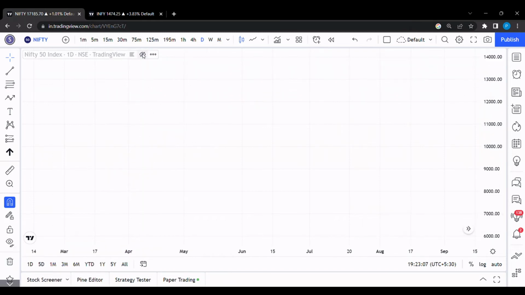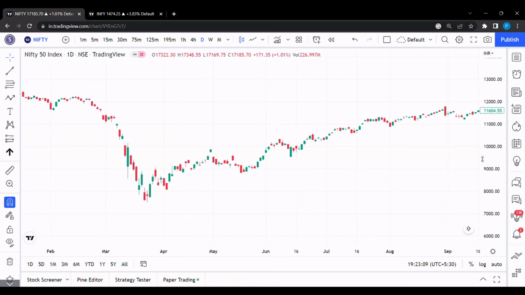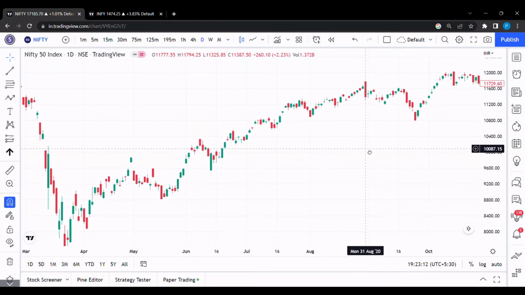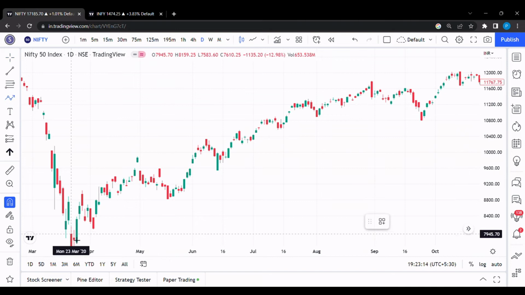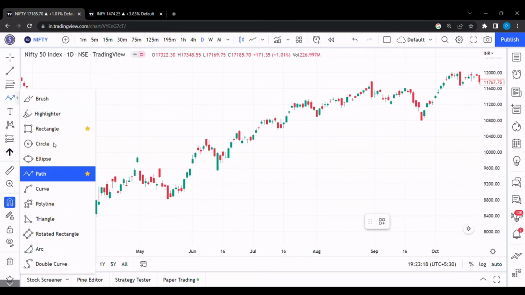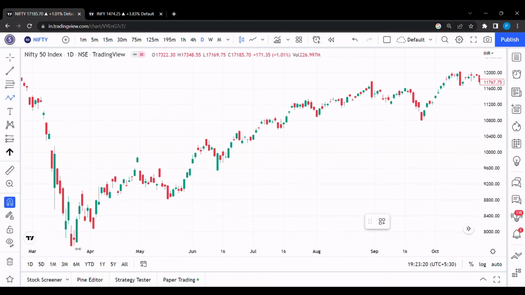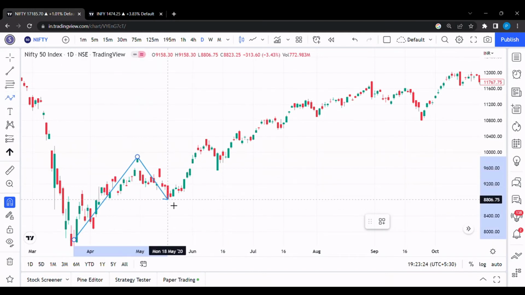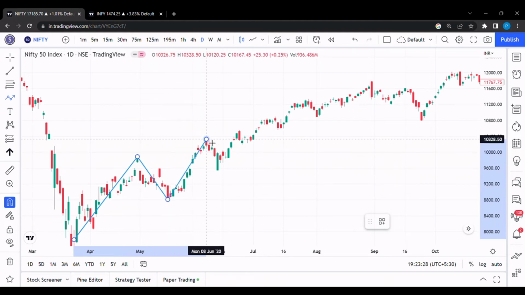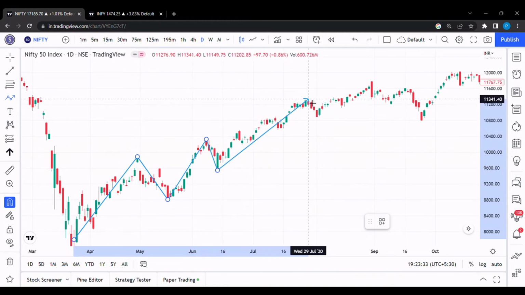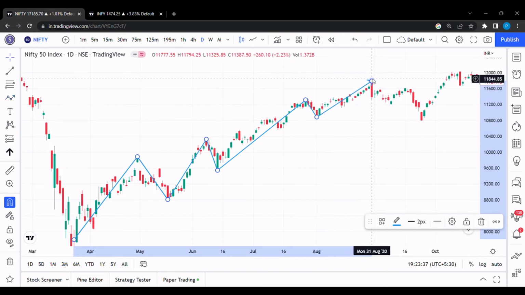So this is the Nifty 50 index. Okay. Can we mark from this point to this was high, then again it was a higher low, it was high, it was a higher low, it was high, it was a higher low, like this.